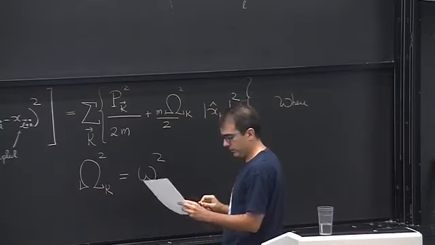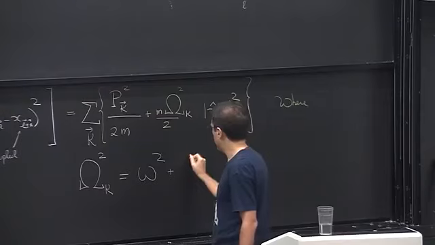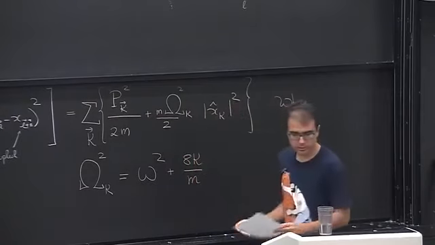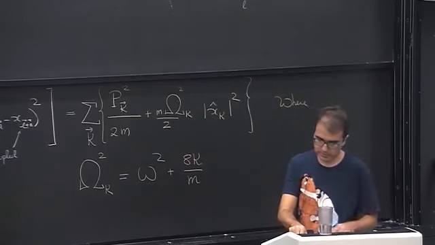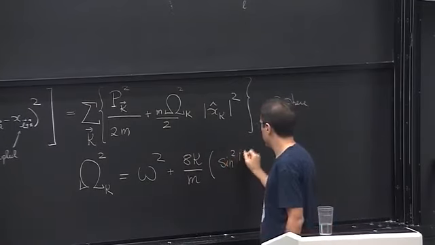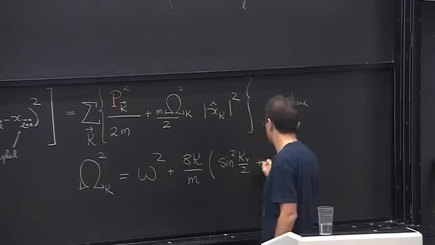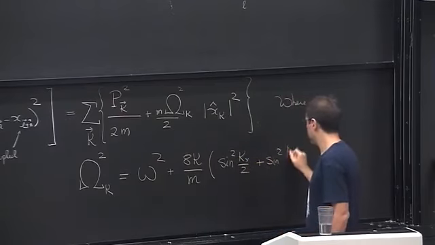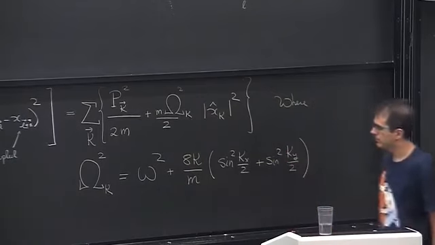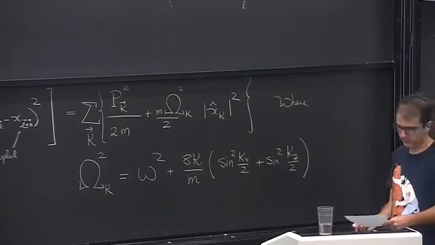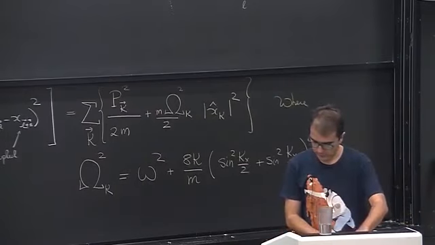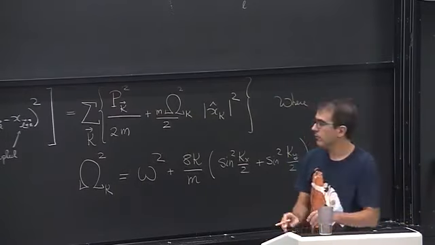This omega k square is omega square plus 8 kappa over m, let me try not to make a mistake, times sine square of kx over 2 plus sine square of ky over 2.